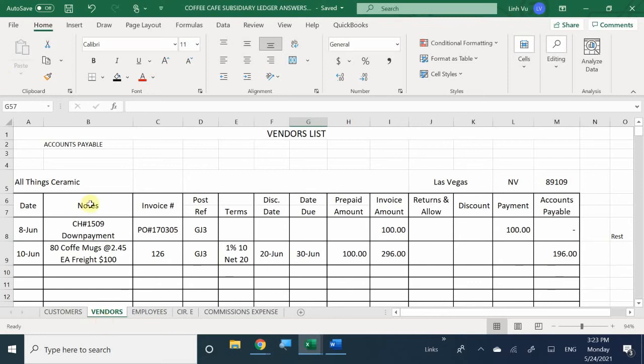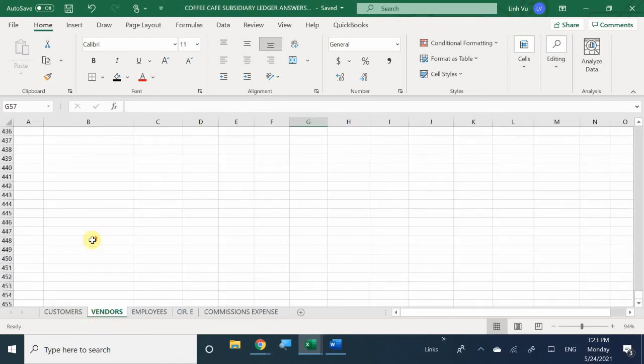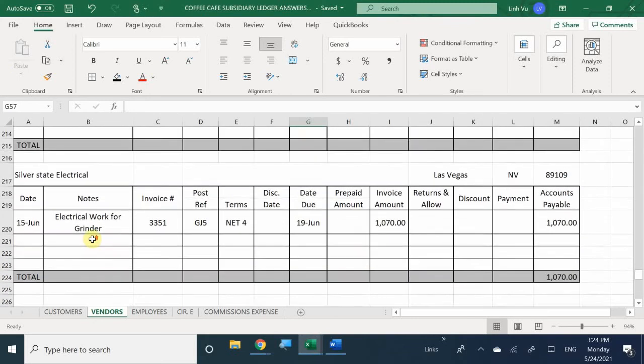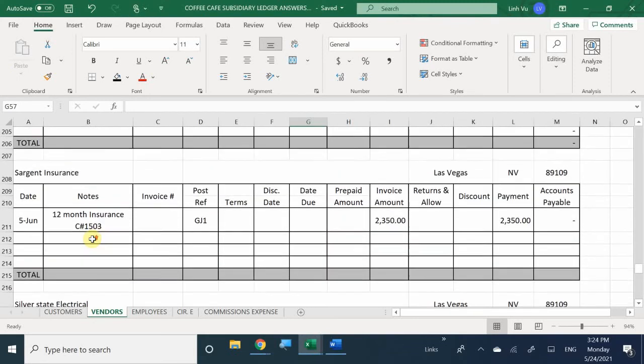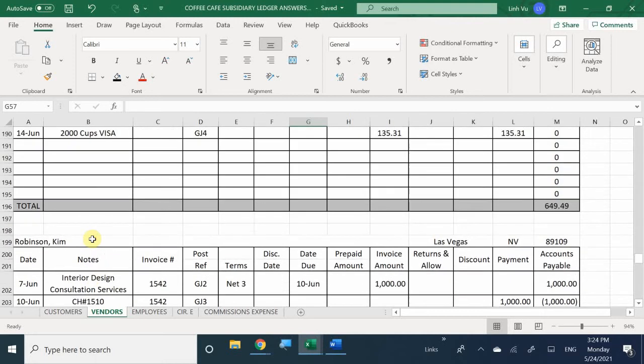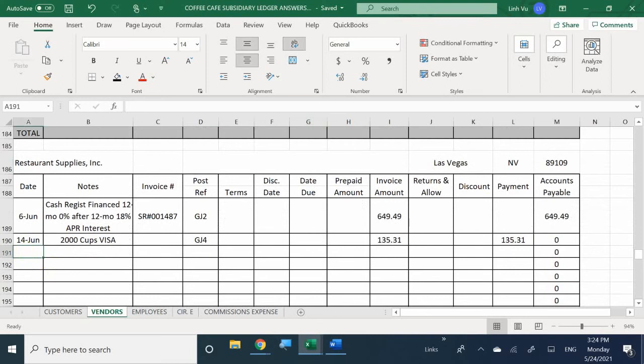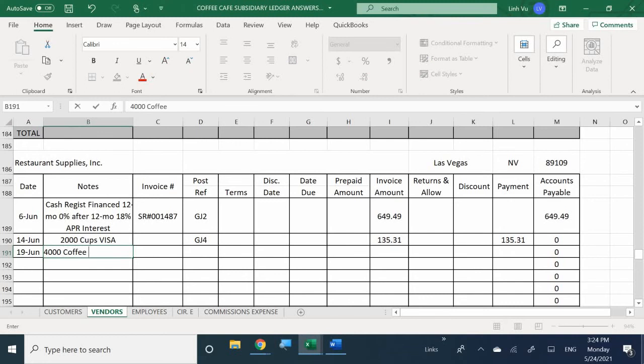There we go. Yep, 619. Purchase 4,000 cups, Visa, at GJ7.